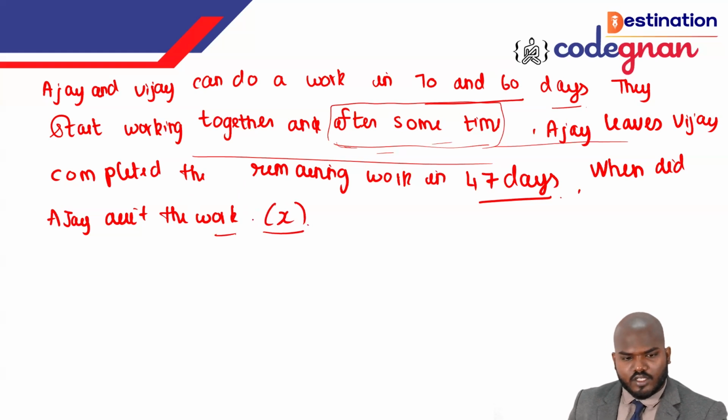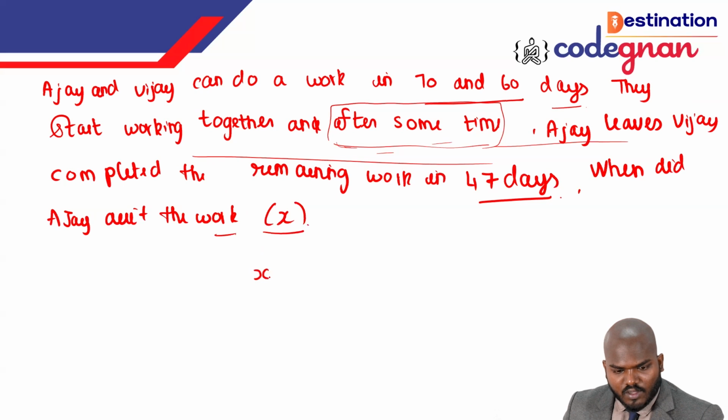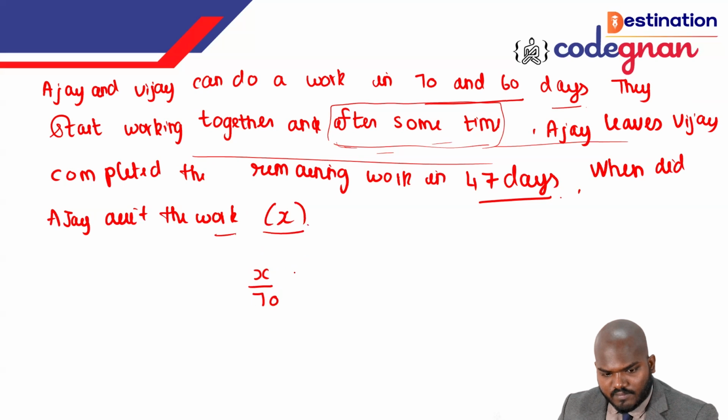Ajay and Vijay can do the work in 70 and 60 days. They are giving each individual portion. This is the Ajay portion. Ajay was working how many days? I don't know, I'm calling it X, so X by 70 is the 1 day work.